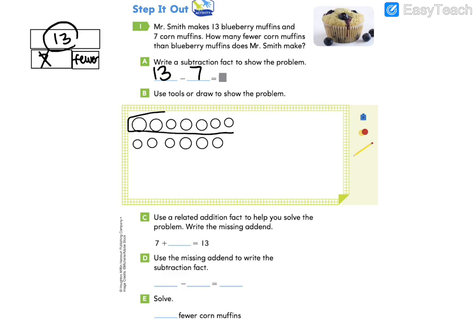I'm going to go ahead and cross out the 7 corn muffins so I can find how many fewer corn muffins there are. I'm left with 6 fewer corn muffins than blueberry muffins. So for letter C, if I write a related addition fact, I have my 7 corn muffins and my 6 fewer to find that 7 plus 6 equals 13.